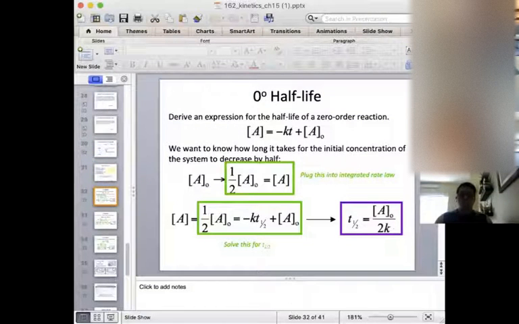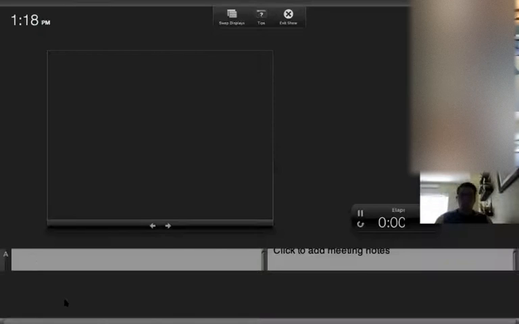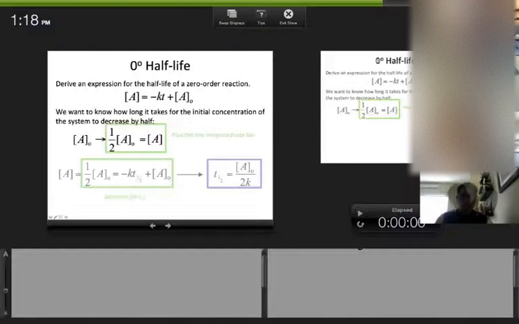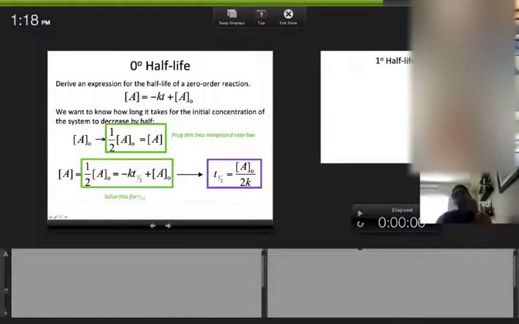Oh, this might be worth looking at. If you are writing down a collection of equations, then you might want to include these half-lives. So what we're doing is we're saying, okay, A at time t is half of what it started out with, half of A naught. And then we plug that in and solve for the t1/2.